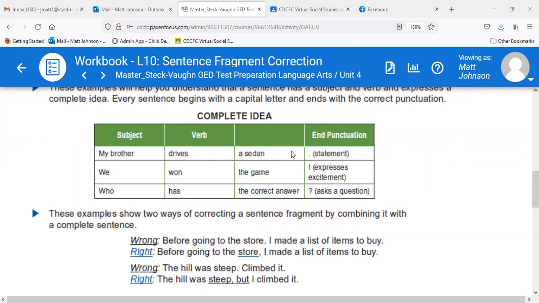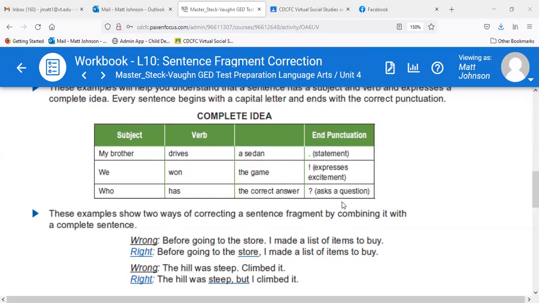My brother drives a sedan makes a complete statement, and punctuation with a period makes it complete. We won the game. Now here we end with an exclamation point to express excitement, to emphasize it. We is the subject, won is the verb, the game completes the idea.